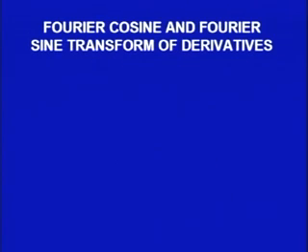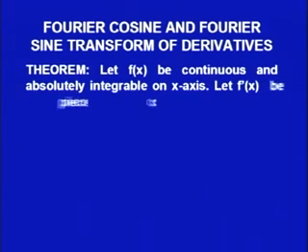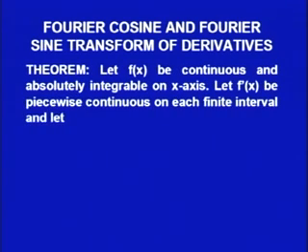Another property: Fourier sine and cosine transforms of derivatives, that is, if the function is differentiable, what will be the Fourier sine or cosine transform of the derivative. So, the first result is: let f(x) be continuous and absolutely integrable on the x axis, and let the derivative of f, that is f'(x), be piecewise continuous on each finite interval, and moreover f(x) approaches 0 as x approaches infinity.